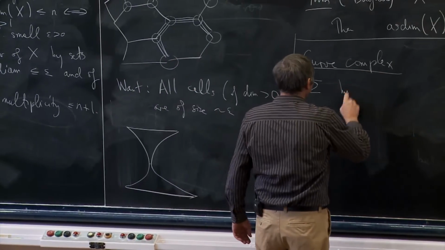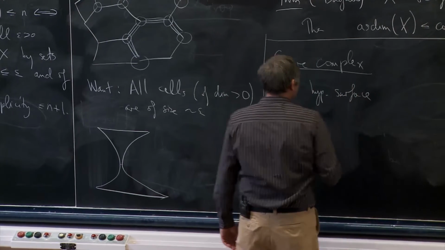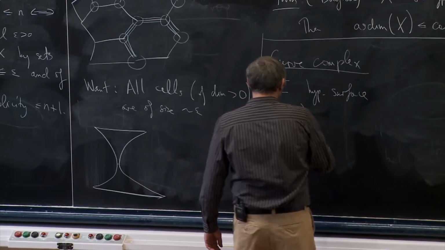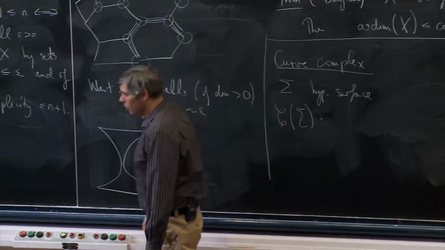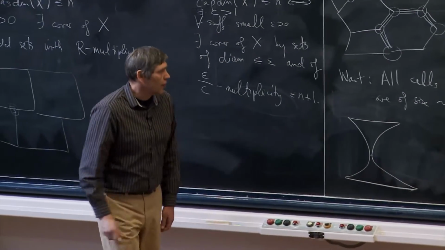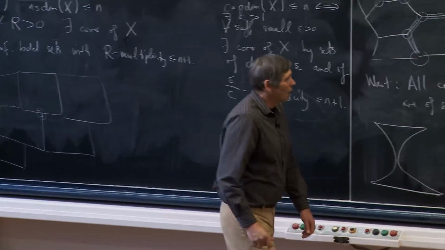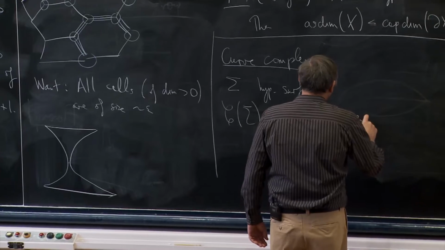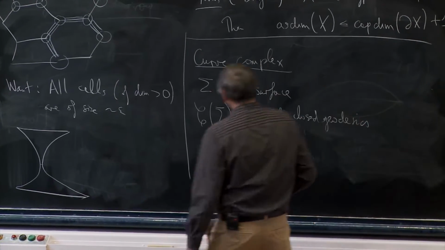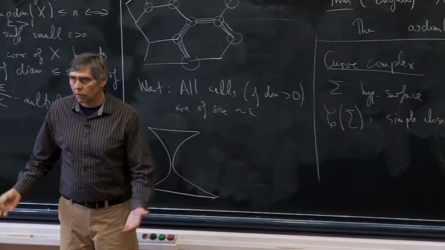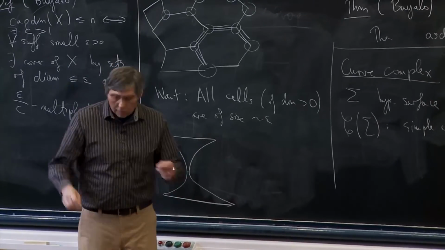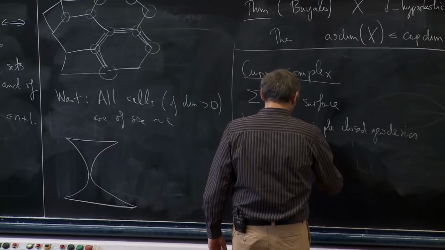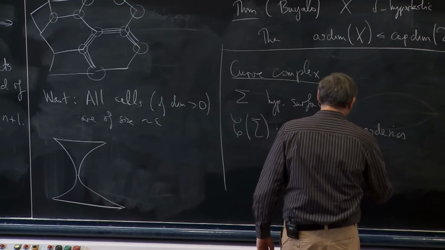And then the curve graph, or curve complex: the vertices are just simple closed geodesics in sigma, and you put an edge if the geodesics are disjoint, or you put a simplex if you want, if the corresponding geodesics are pairwise disjoint. So a simplex corresponds to disjointness.